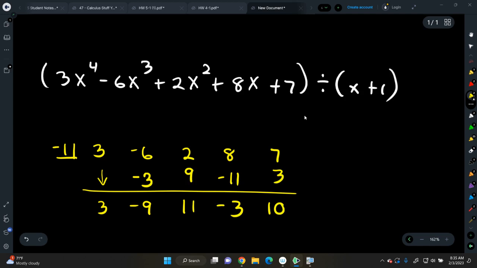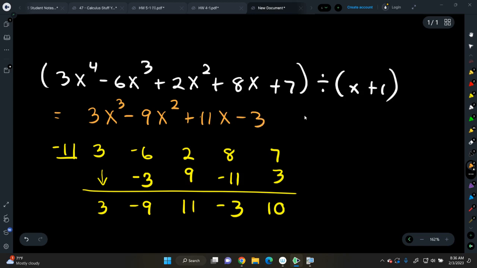We good? Okay, so that means our quotient, our answer, is 3x to the third minus 9x squared plus 11x minus 3 plus 10 over x plus 1. That's the answer. Okay, it's easy now, right?